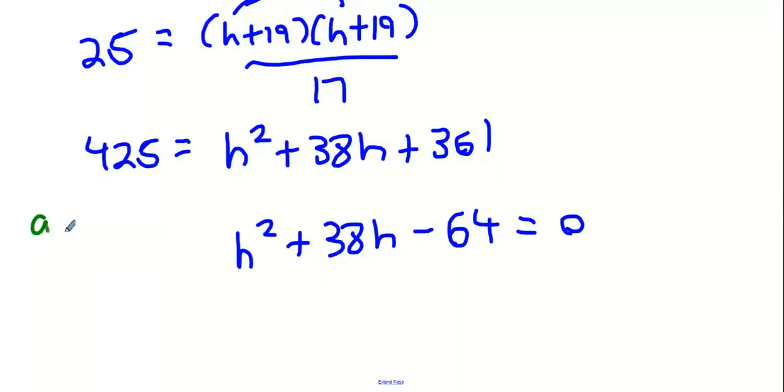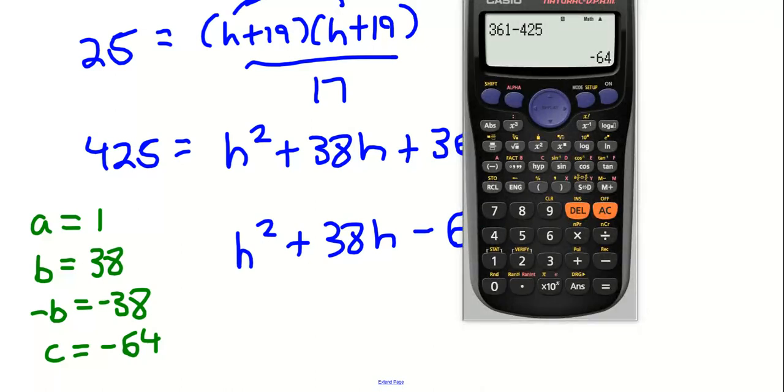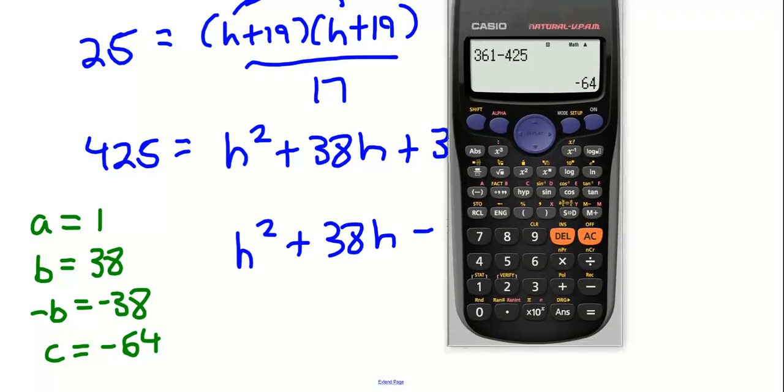So a equals 1, b equals 38, minus b equals minus 38, c equals minus 64. Take out the calculator and put it into the minus b formula.